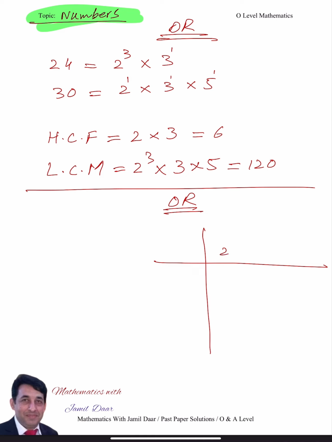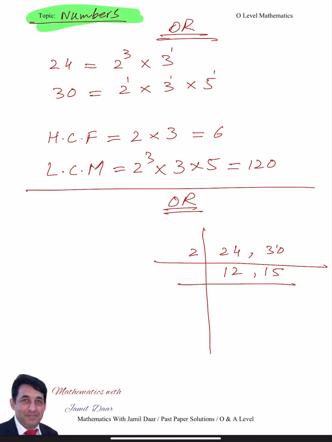Another way to find the HCF and LCM is this method: with 24 and 30, they start dividing by common numbers which can divide both. Both are divisible by 2: 2 twelves are 24, 2 fifteens are 30. Now both are not divisible by 2; 12 is divisible but 15 is not.